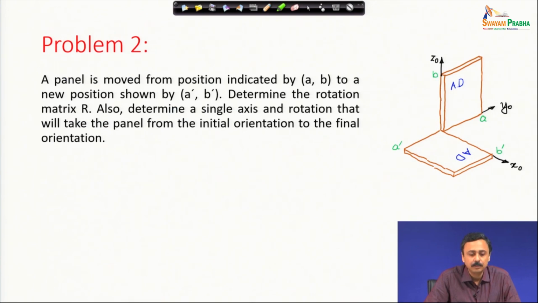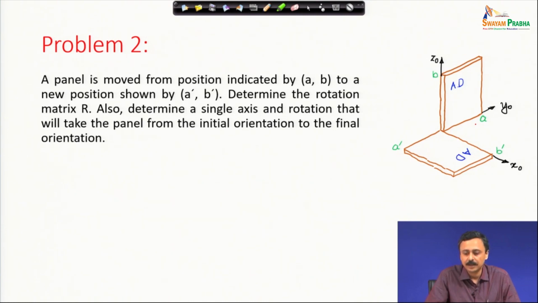Let us look at a problem. A panel is moved from the position indicated by A, B, which names the two corners, because we have to track them. So, there is a plate on which advanced dynamics may be written. It is moved to a new position shown by A prime, B prime, which means A travels to A prime and B travels to B prime somehow.